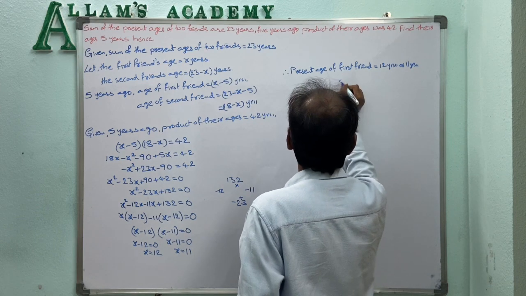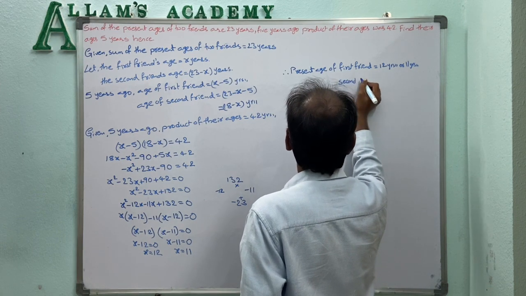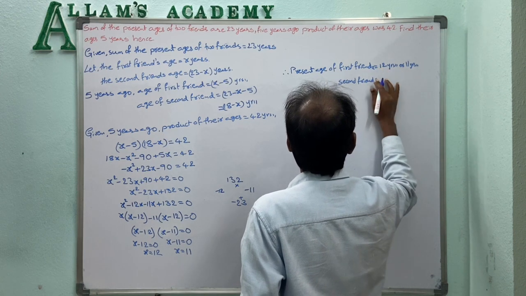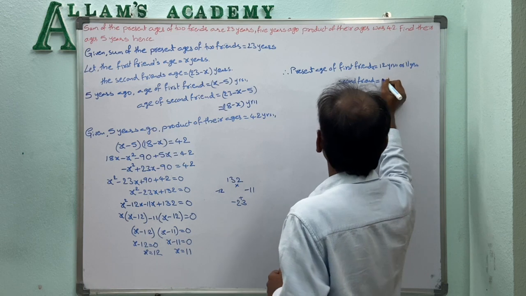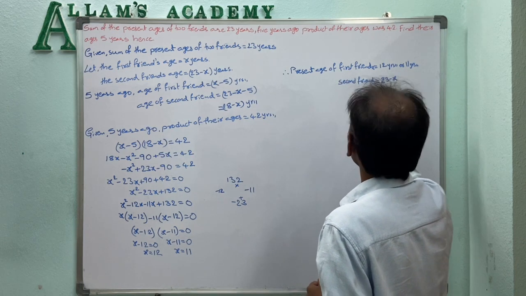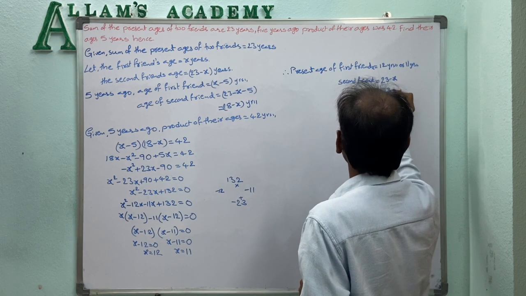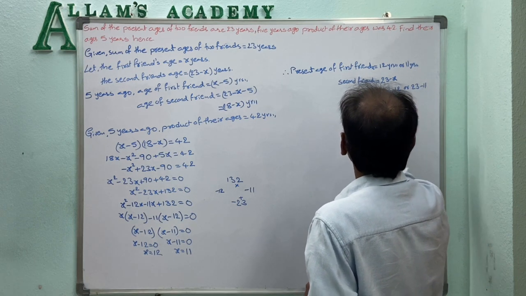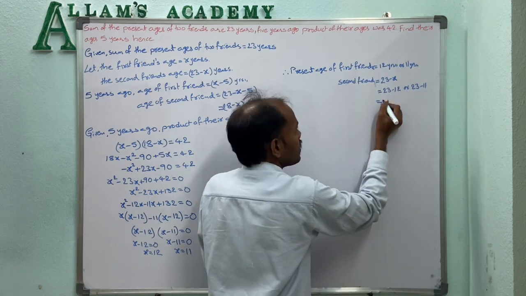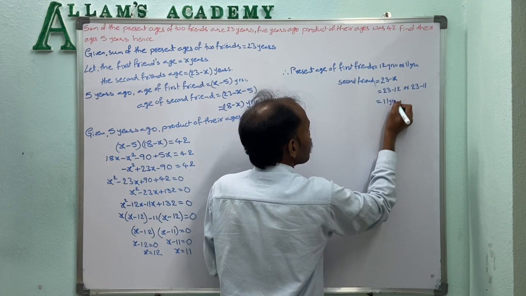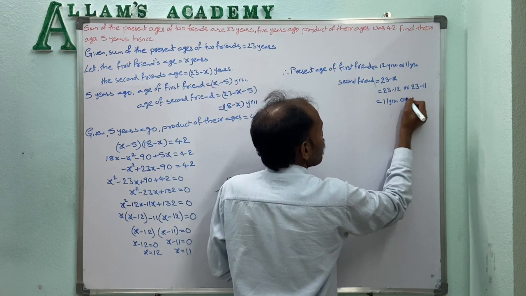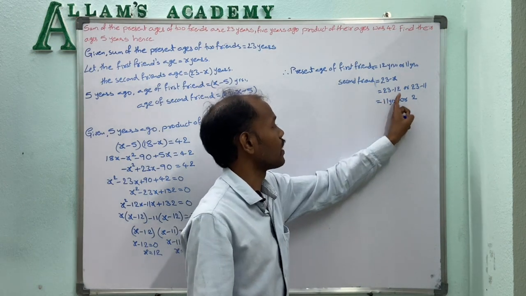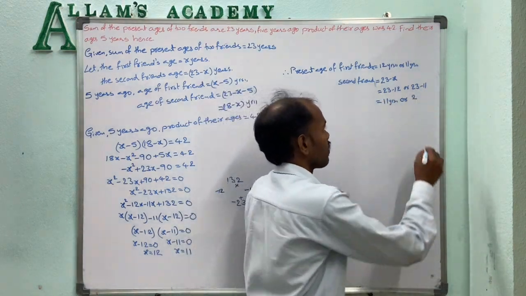Next, the present age of the second friend is nothing but 23 minus x. That means 23 minus 12, otherwise 23 minus 11. 23 minus 12 equals 11, and 23 minus 11 equals 12.